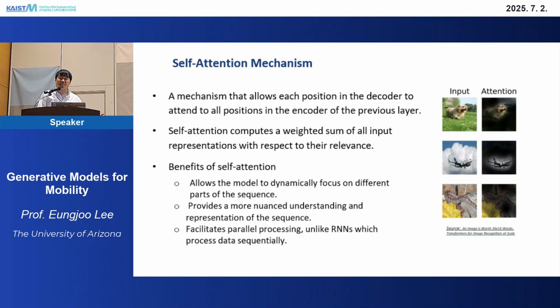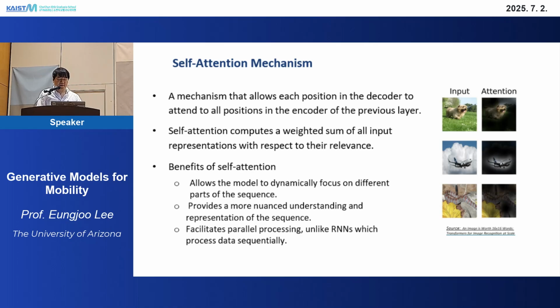In terms of object recognition or scene understanding, self-attention is pretty valuable because you can dynamically focus on different parts of the sequences, which would be key information when you are getting recognition output. It also facilitates parallel processing, unlike RNN, which has been used previously and processes data sequentially.